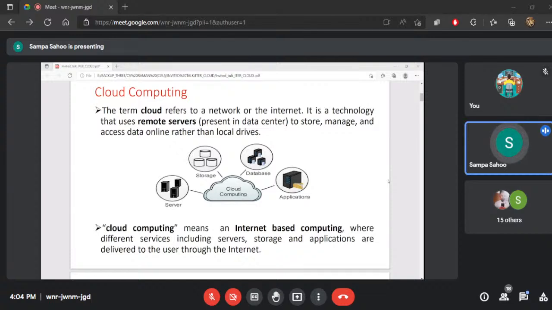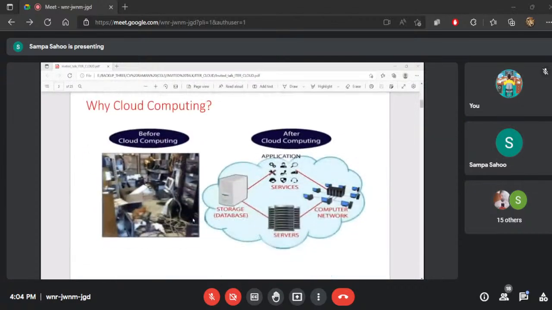So basically, the servers or all the physical components that are required are stored in the data center, and from where the services are provided to the users through the internet.